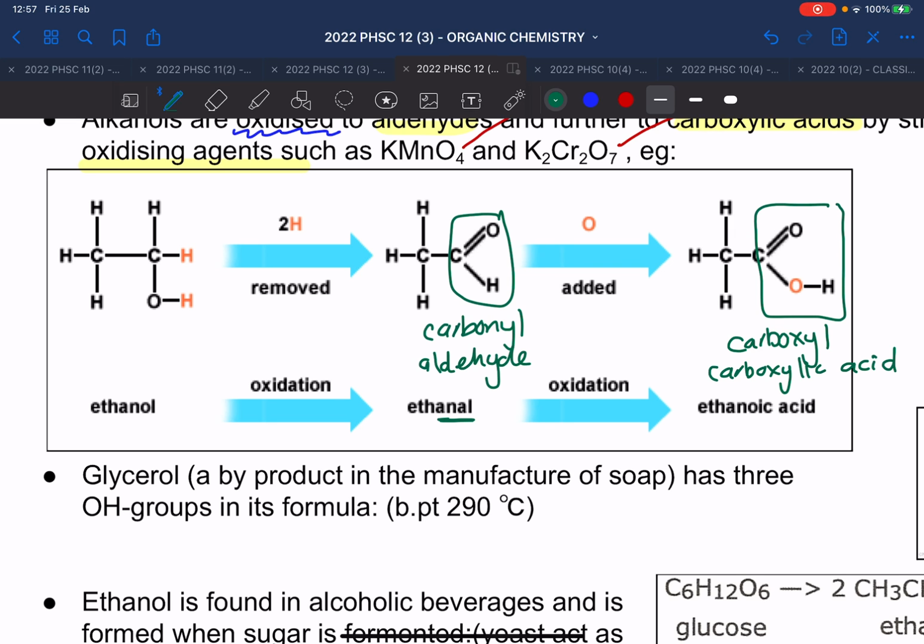Ethanoic acid is vinegar. So if you leave wine or alcohol open for too long, the first bit is good, half an hour, it's good. If you leave it open for too long, then it becomes an acid, then it becomes vinegar. Have you ever experienced or seen it?